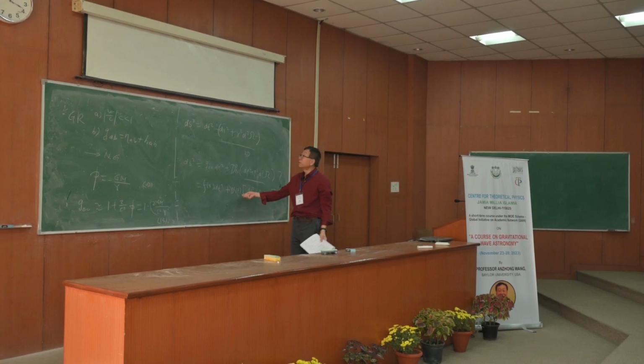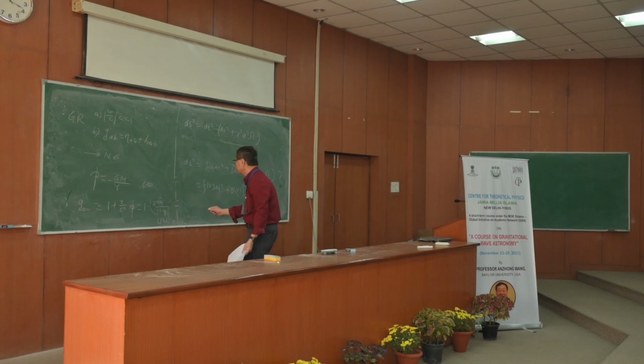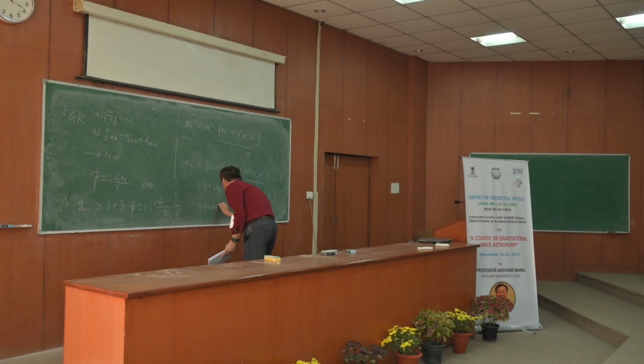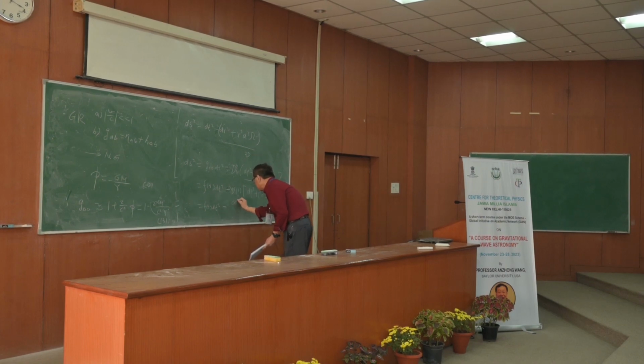Then you just compare this one with f(r) dt squared. Oh, sorry, this will be minus, right? I always get the sign wrong. So minus dr squared over f(r) minus r squared d omega squared.